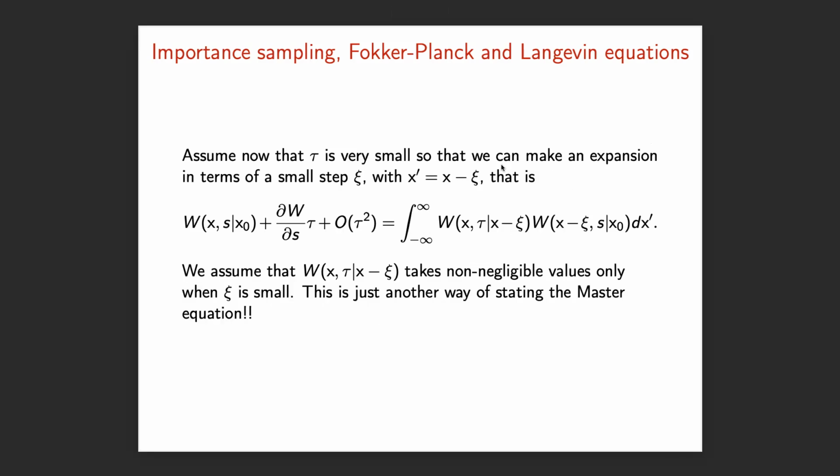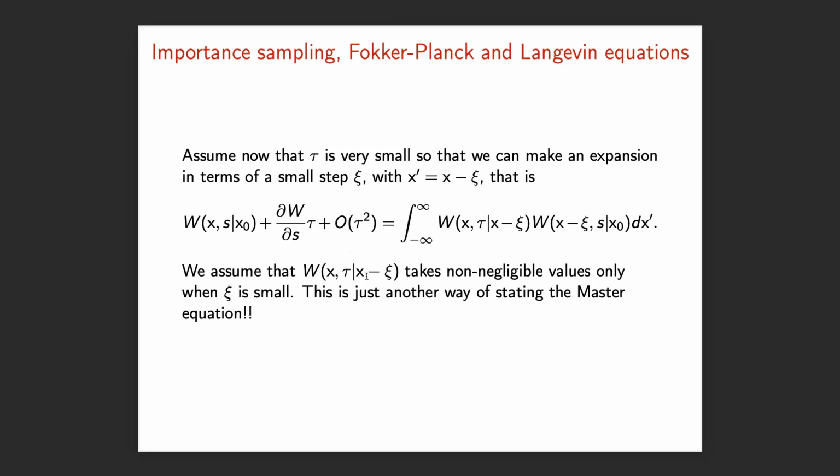If you do that, you can make a Taylor expansion in terms of a small step size, where this is simply given by x minus some quantity g. That means you can rewrite your transition probability plus some derivative term here. And this is simply given by this expression, where you just made a small expansion of this quantity around this variable s. So this is nothing but a small Taylor expansion.